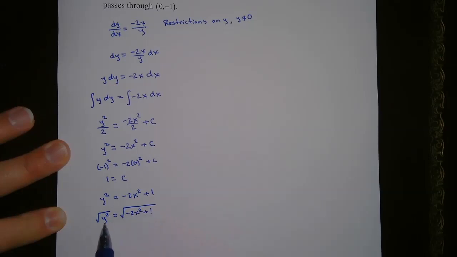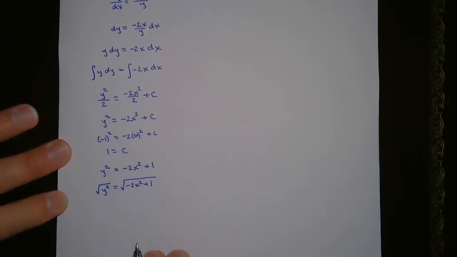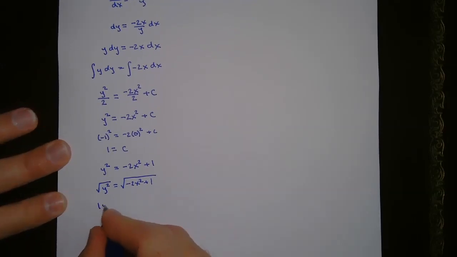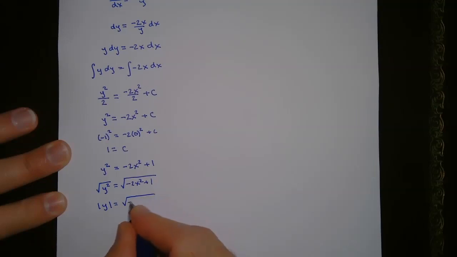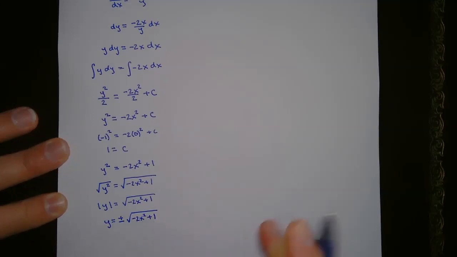The square root of y squared is the absolute value of y, which is equal to the square root of negative 2x squared plus 1. Okay, solving this absolute value equation, we would get y is equal to plus or minus the square root of negative 2x squared plus 1.